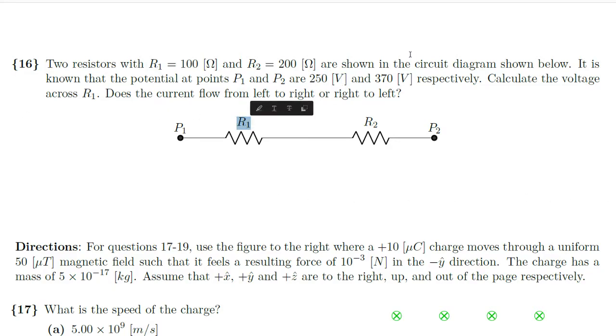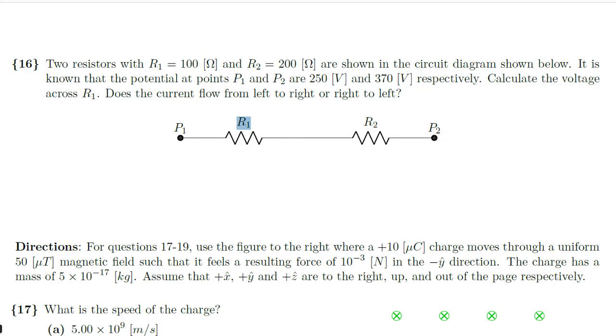Now, let's start with the voltage that we do know. What is the voltage across the whole thing? Start with that. We have 250 and we have 370.